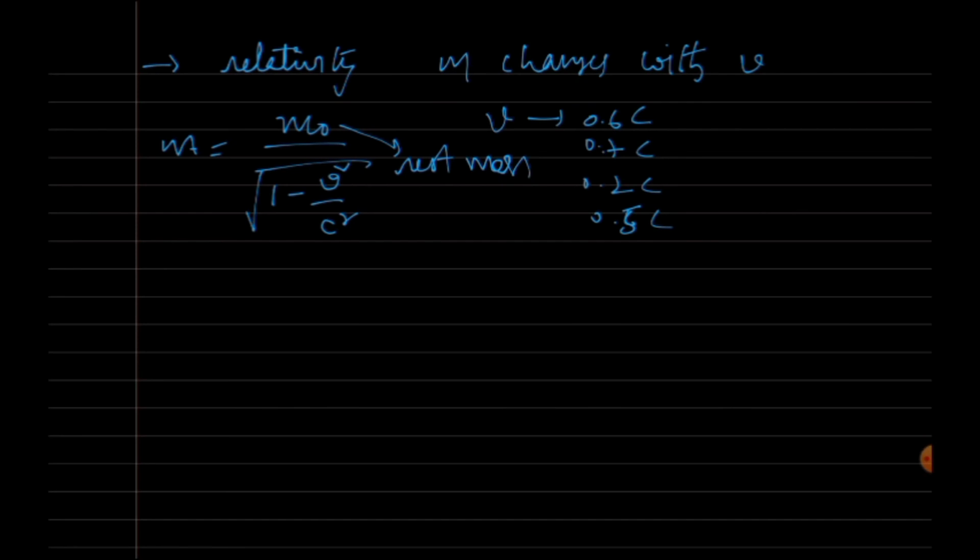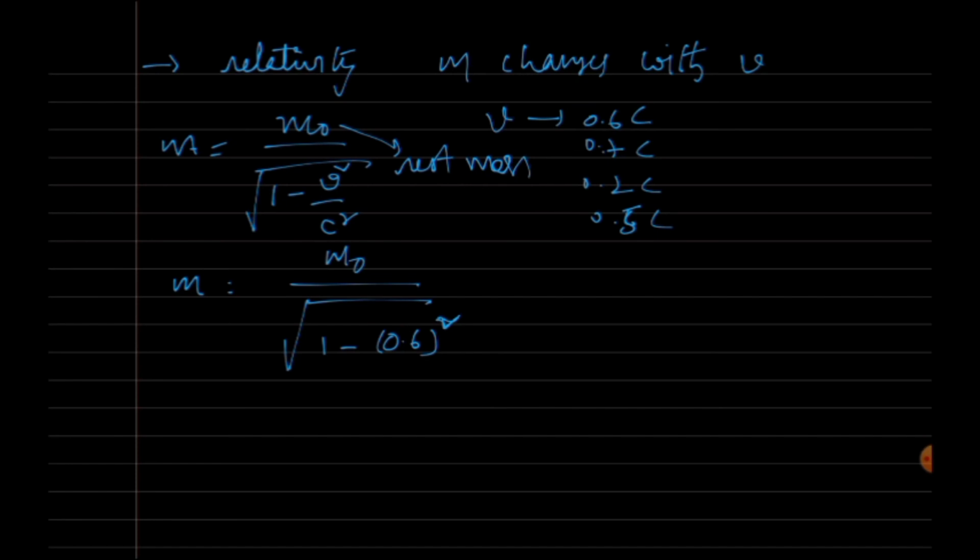If we place 0.6, what happens to the effective mass? 1 minus 0.6 square, because 0.6 c square by c square will get cancelled. So 1 minus this value will be 0 point something, so m naught by 0 point something would be greater than one.